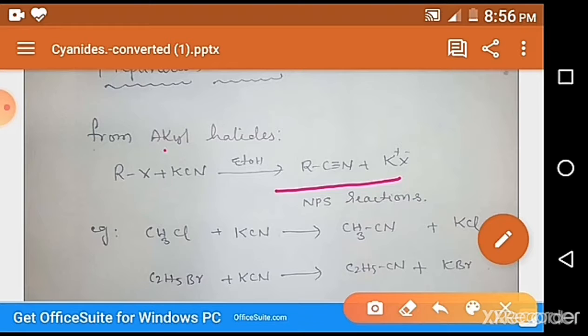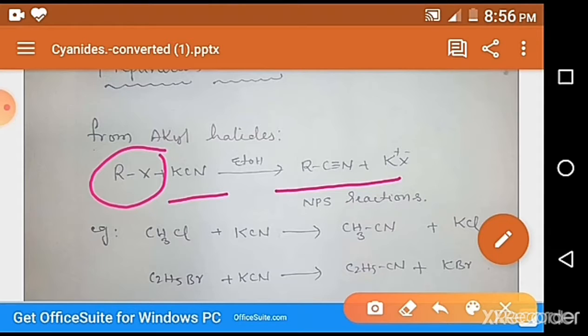Once again, when alkyl halides react with potassium cyanide or sodium cyanide in alcoholic medium, that is, KCN dissolved in ethyl alcohol, we call it alcoholic cyanide.